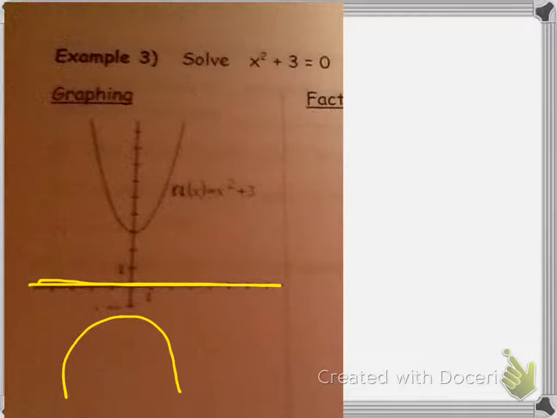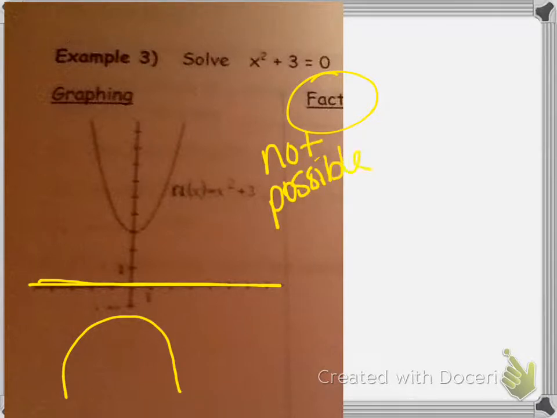So if the graph doesn't have x-intercepts, what does that mean? Factoring is not possible. So I'm not going to be able to factor this. So you'll see I have quadratic formula, which we'll do, and then I have square roots because, since there's only one x in this problem, there's an easier way to solve it than using the quadratic formula, but like we know, quadratic formula will always, always, always work.